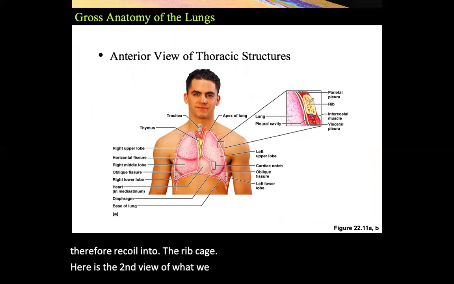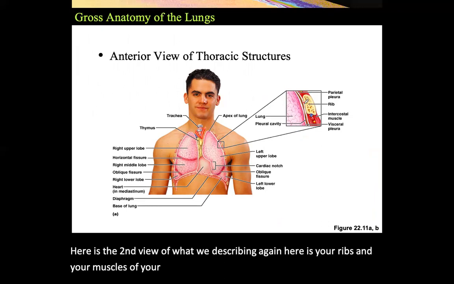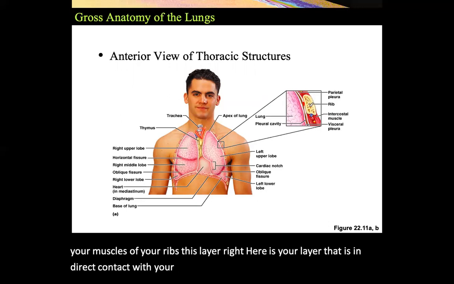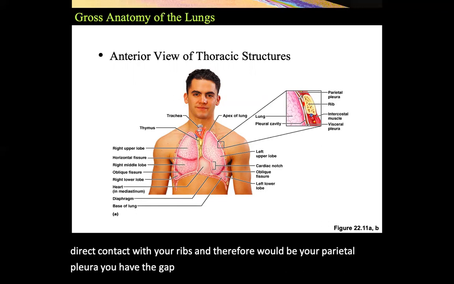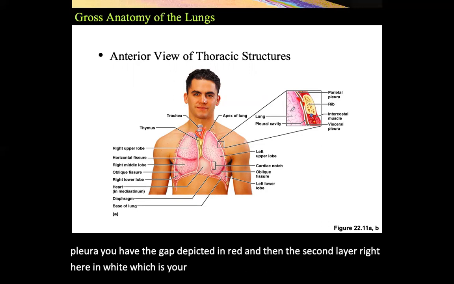Here are your ribs and the muscles of your ribs. This layer in direct contact with your ribs is your parietal pleura. You have the gap depicted in red, and then the second layer in white, your visceral pleura, directly connected to your lungs.